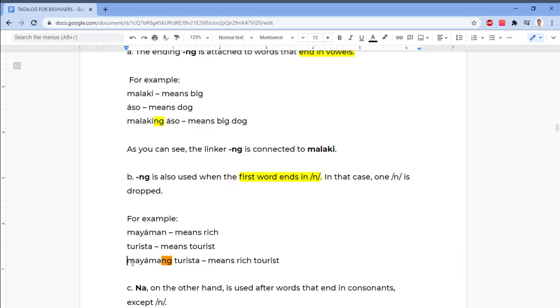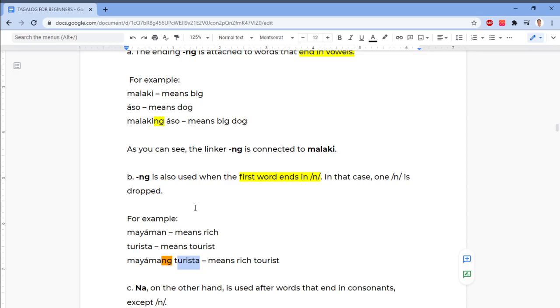So it turns into mayamang instead of mayaman, and with turista added, mayamang turista.